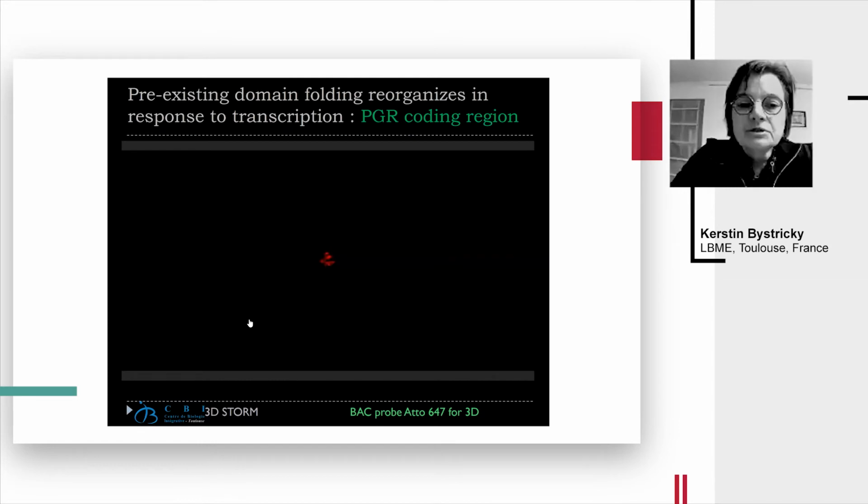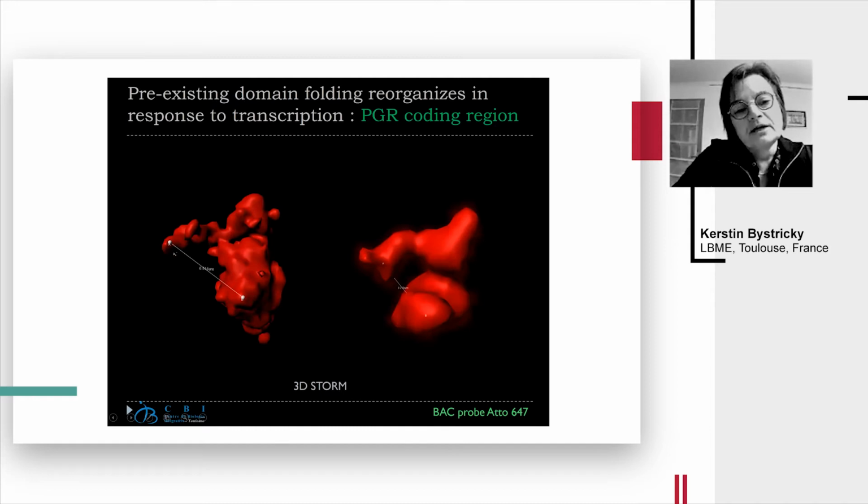So this is what it looks like. This is Storm using a probe that encompasses the gene and the regulatory region. And you can see that you have the gene on one side and the regulatory region on the other. It folds back onto itself. On the left here is in the absence of estradiol, you already have a pre-folded region.